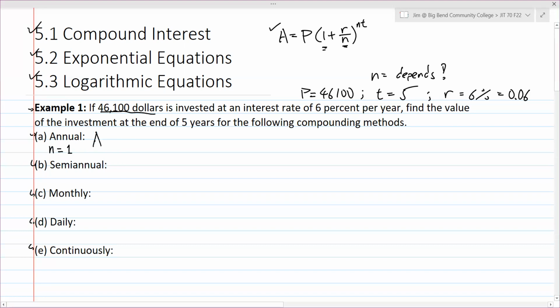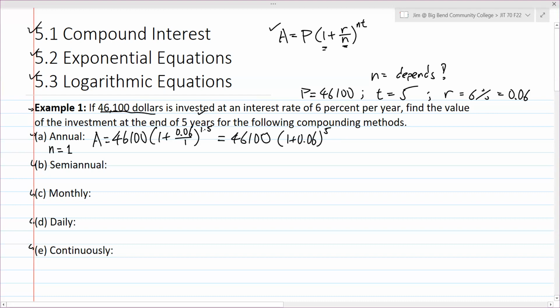So your equation is going to be set as 46,100 times (1 plus r over n), plugging in our r and our n, and then we plug in the power as 1 times 5. That means your interest is computed 5 times within the 5 years given, and that helps you figure out the final amount you have in your bank account.